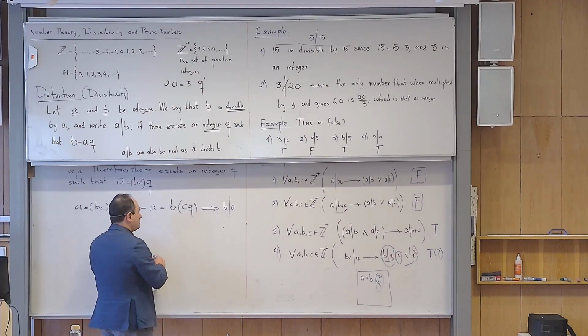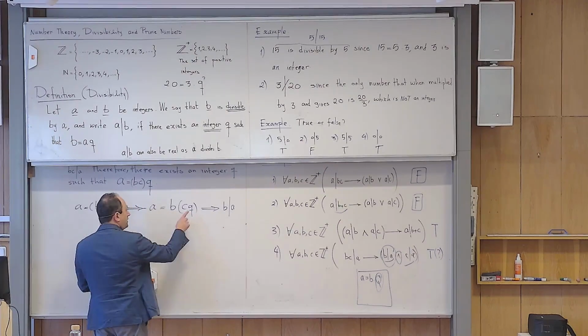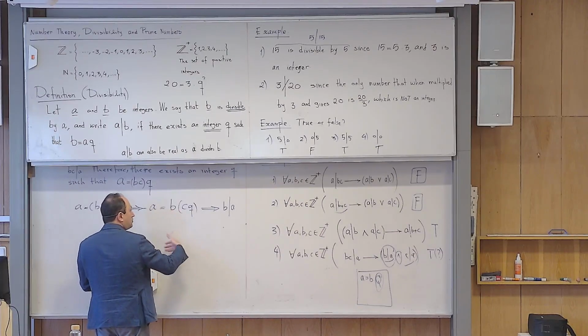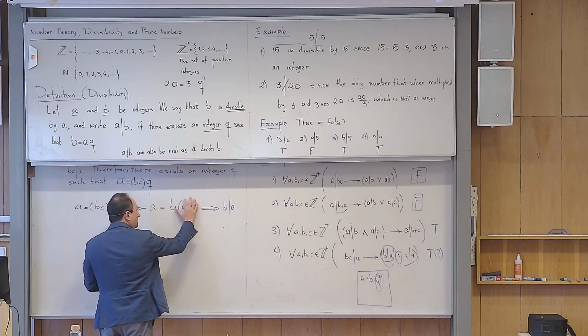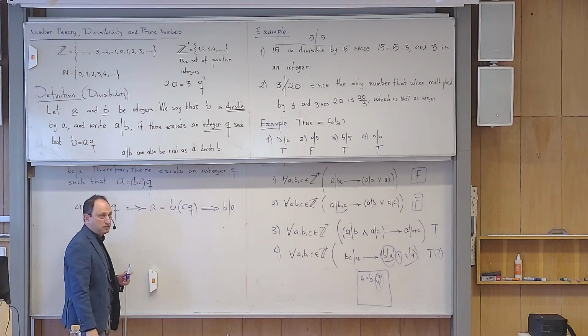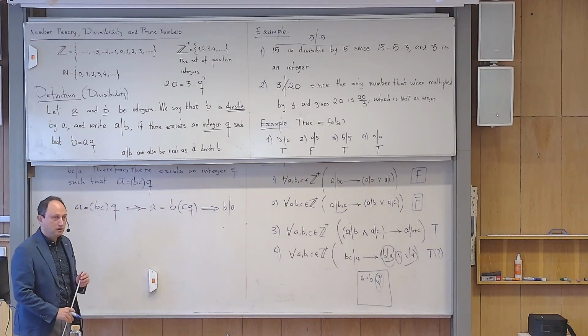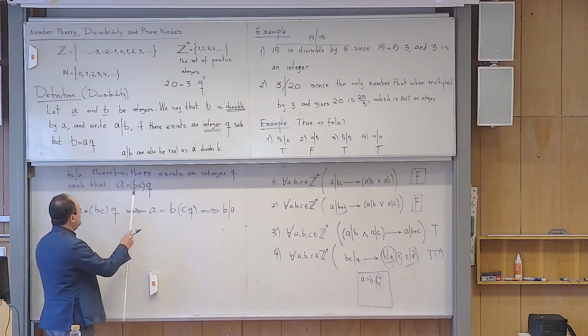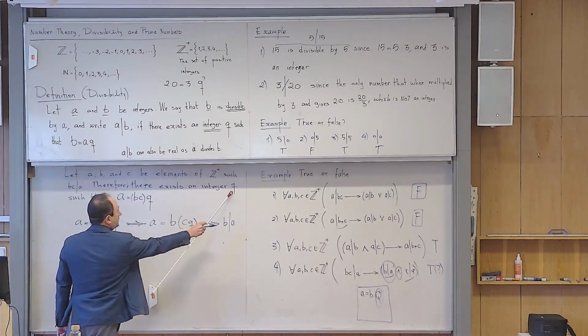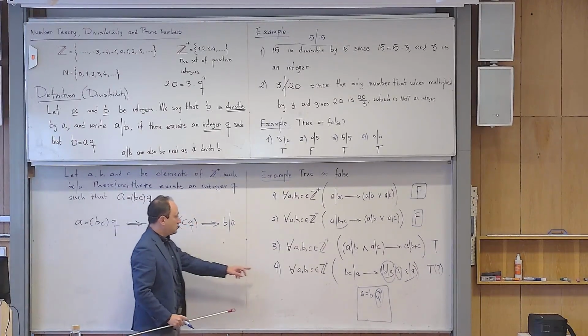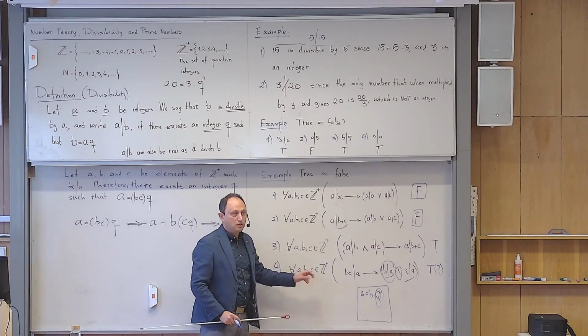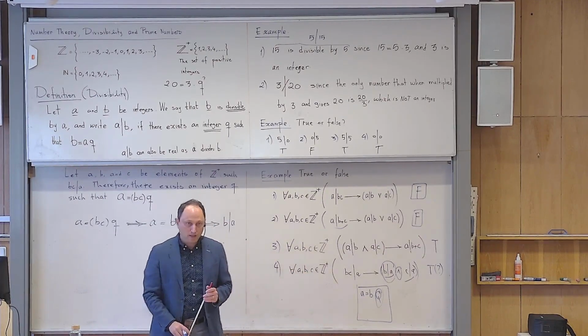This is not hard, by the way, because when you want to prove A is divisible by B, you should be able to show that A is an integer multiple of B. Is it guaranteed that CQ is an integer? Why? Because Q was an integer, C was also an integer from the beginning. So the product of them is an integer, yes?